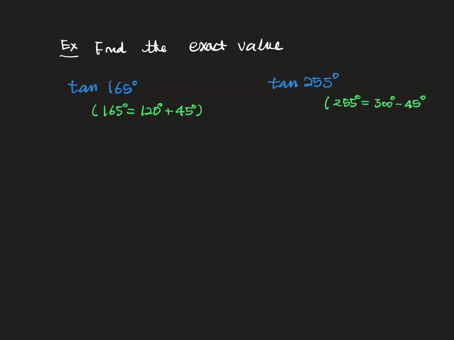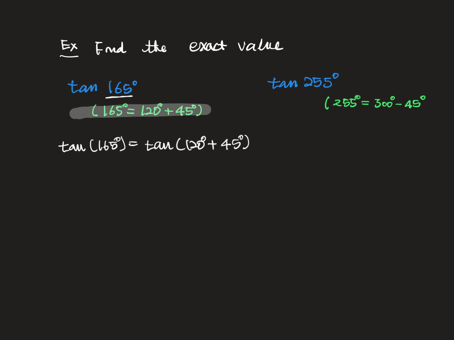So here's 165. The key idea is you have to figure it out. Somehow 165 is 120 plus 45. That's what you have figured out. So we're going to use this one. How can we find this trigonometric value of 165? So tangent 165 means tangent of 120 plus 45.